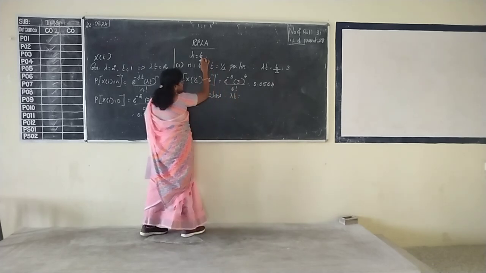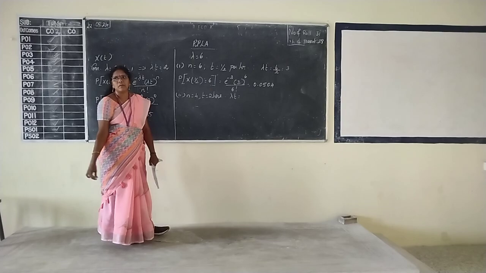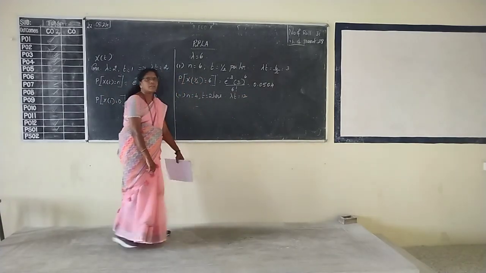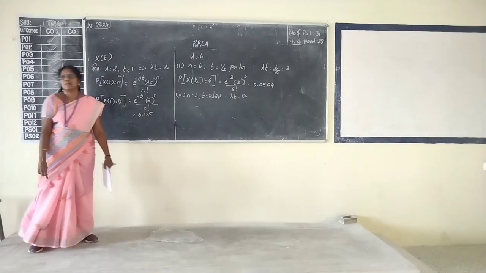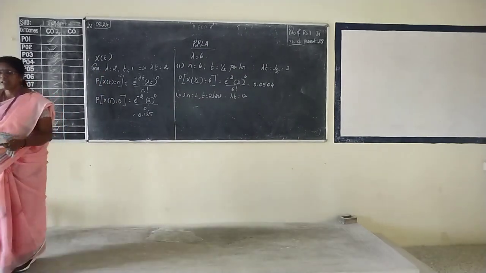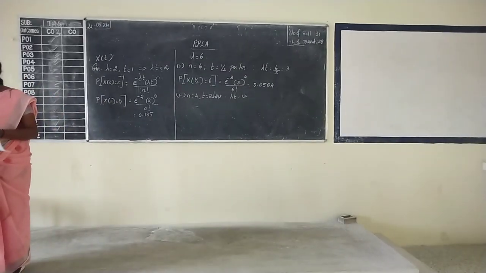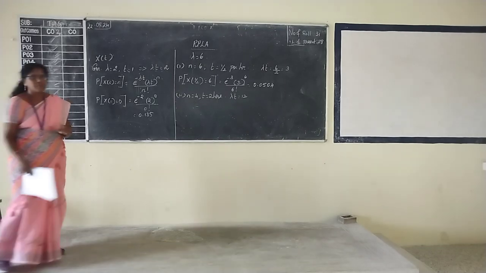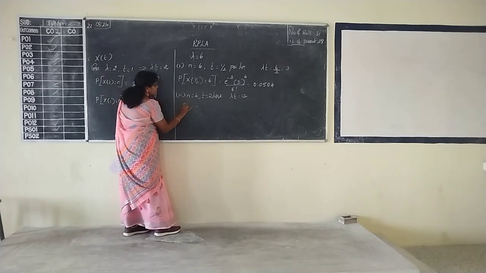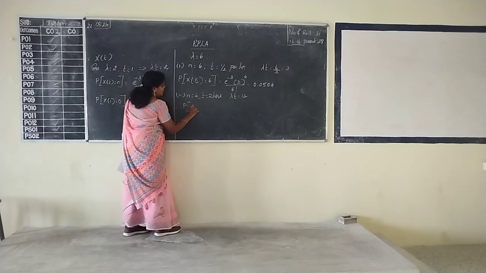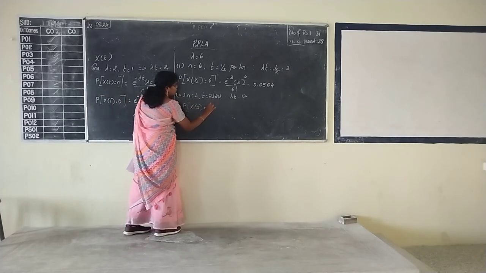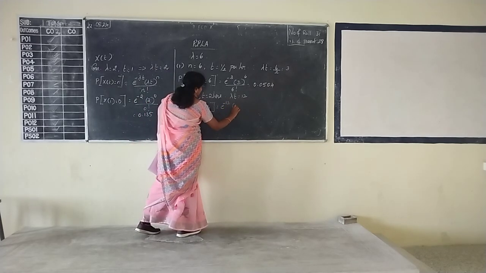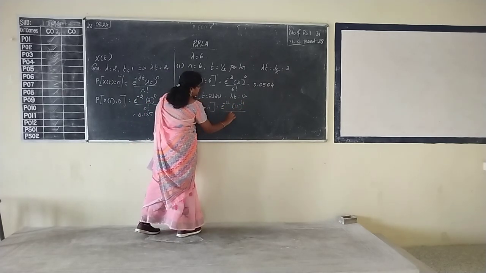Lambda is 6, t is 2, so 6 into 2 is 12. So what are we going to find next? Probability of X of 2 is equal to 4. So e power minus 12, 12 power 4 by 4 factorial.